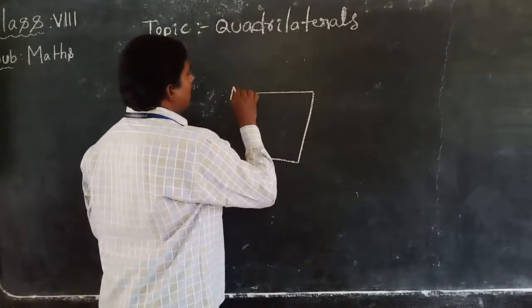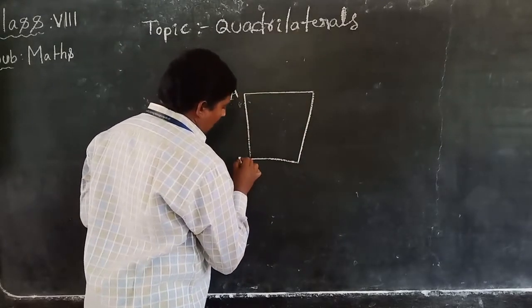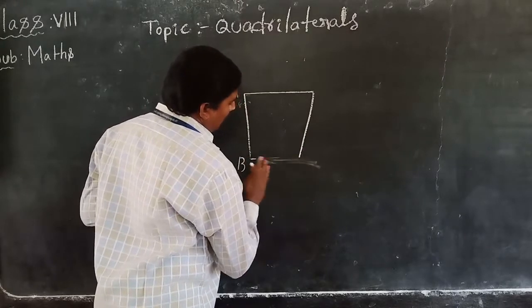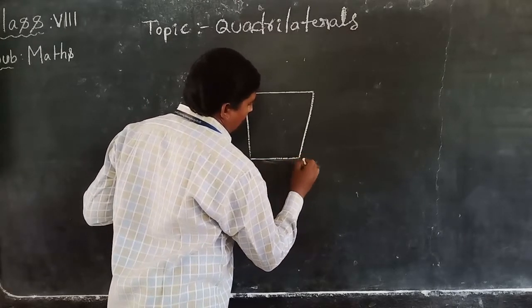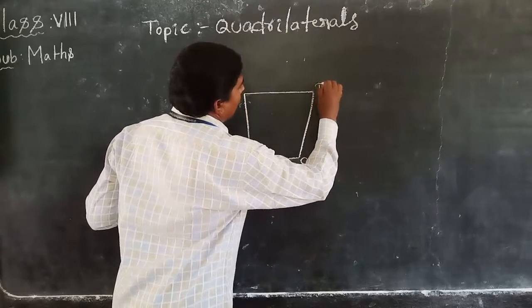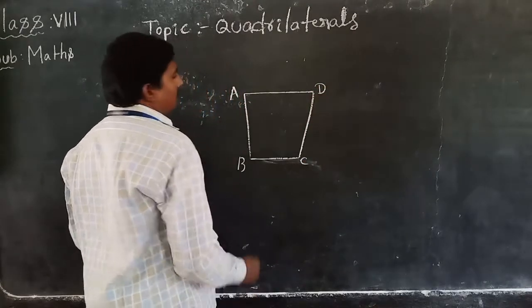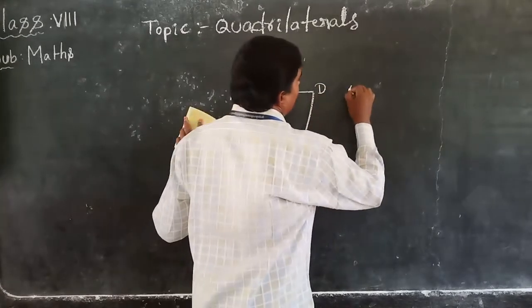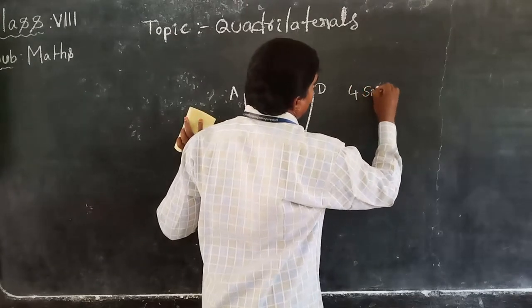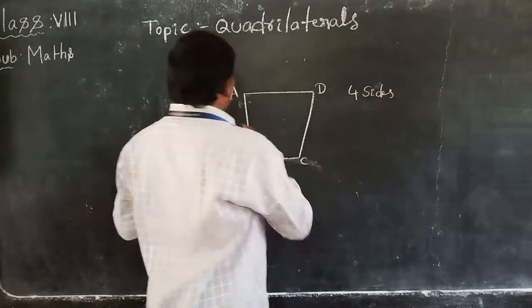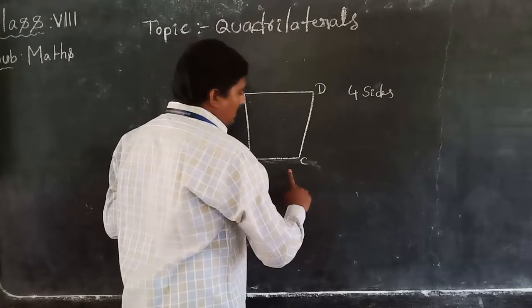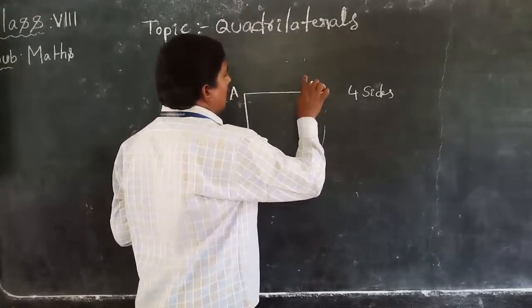This is quadrilateral ABCD. In this quadrilateral ABCD, 4 sides are there: AB, BC, CD, DA.